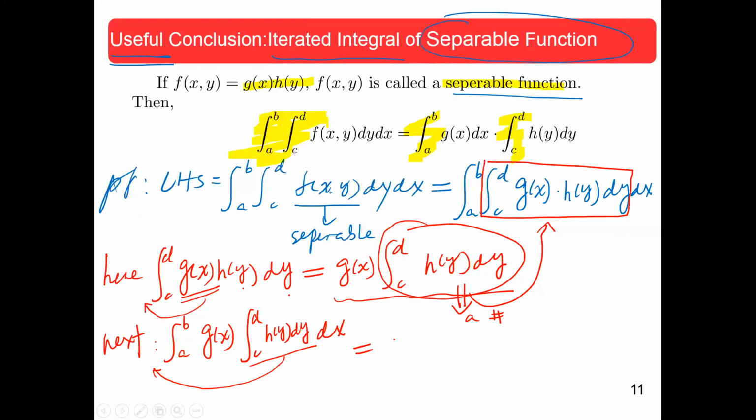So that turns out to be the integral c to d, h of y, dy, pulled completely to the front. And what's left inside will just be the integral a to b, g of x, dx. Okay? Have we finished our proof?